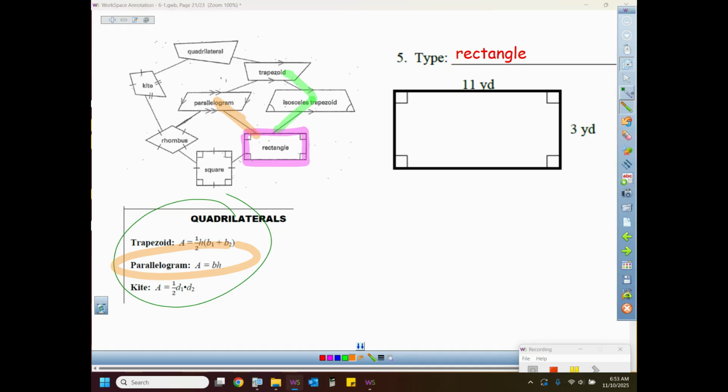It's going to be area equals base times height. That's what a lot of middle schools teach you. Some others teach you length times width. It's the same concept, so we'll use that, and that's going to be 3 times 11, which is 33 square yards. So using the hierarchy to realize that a rectangle's formula will be the same as a parallelogram's.